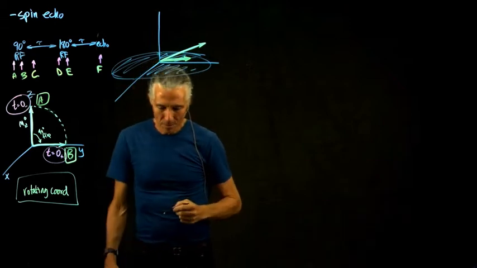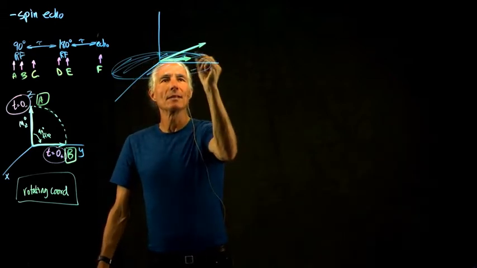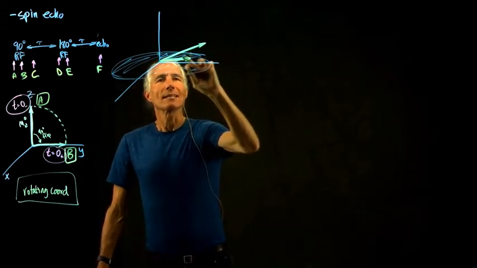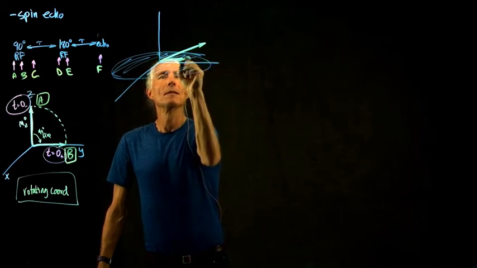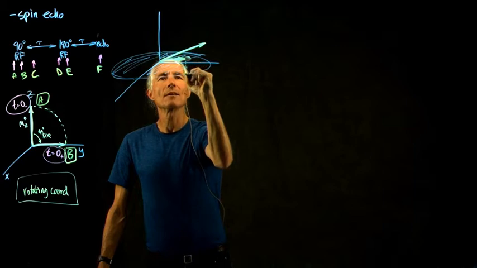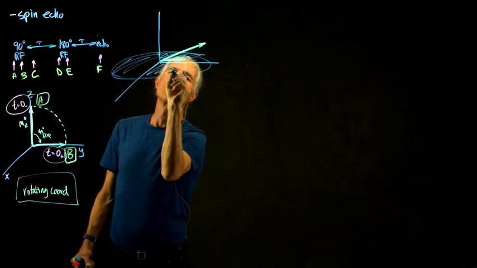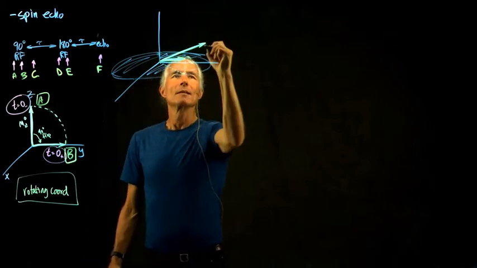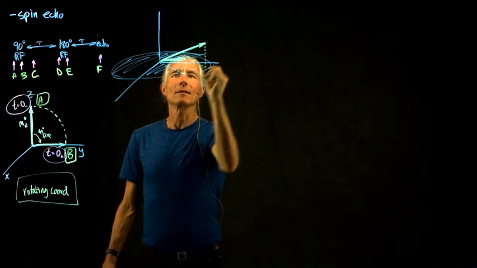Where do those project down onto the plane? Make that guy a little shorter. This guy projects down there, and this guy projects down here.